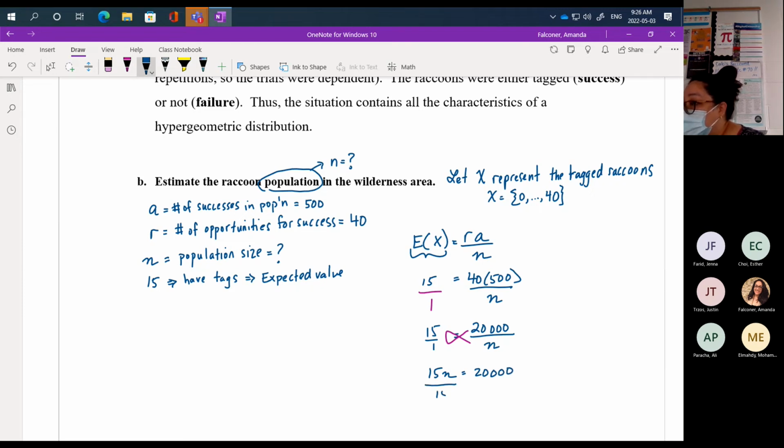And we divide both sides by the coefficient of 15 to get our answer, 1,333. So based on the scenario of the number of successes in the population and how many opportunities we had for the success, and actually how many animals did have tags, we can use it to then come up with an estimation of what the population size is. So therefore, the population size is about 1,333 raccoons.